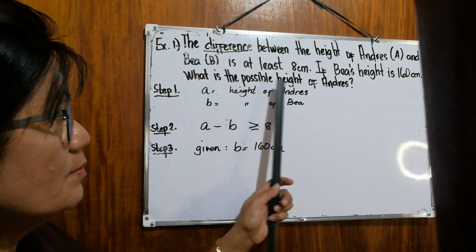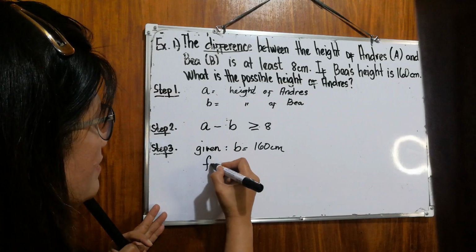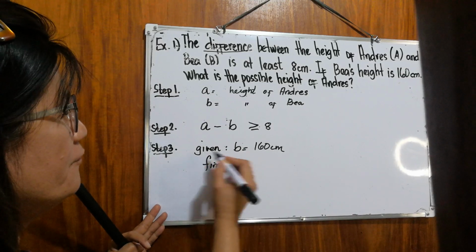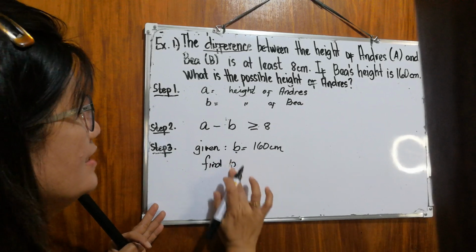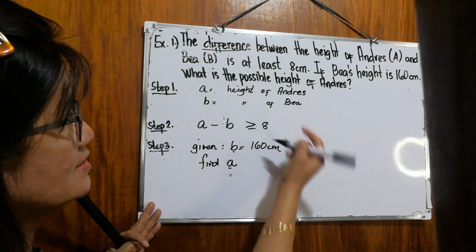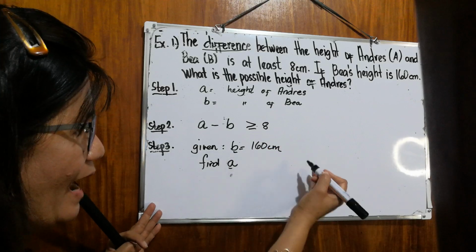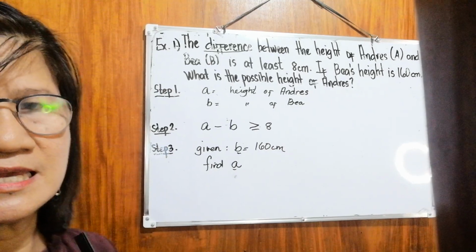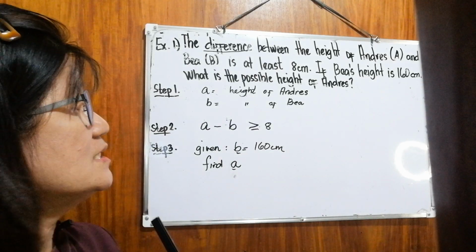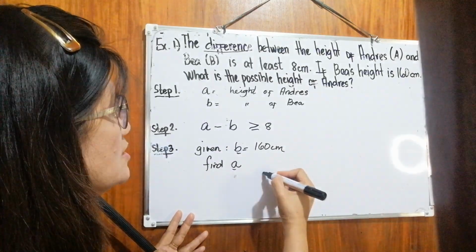What is the possible height of Andres? Okay, so let's find A, the possible height of Andres when Bea's height is 160 centimeter. Ano yung tinatanong sa atin? What is the possible height of Andres? Okay, so let's solve.